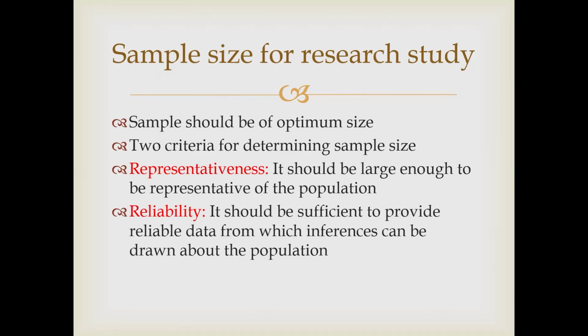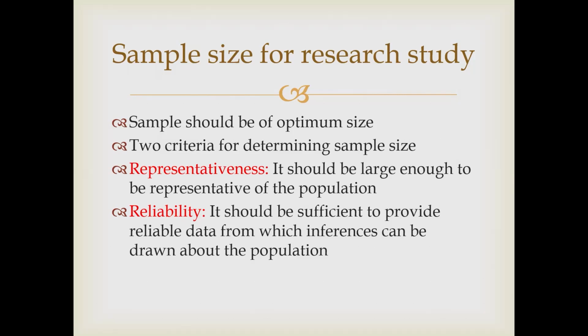I told you in the beginning, parameters, we want to estimate the parameters. So we will get sample statistics from the sample, and this should be reliable, which means it should be sufficient to provide data from which inferences can be made. We are not at all interested in the sample.